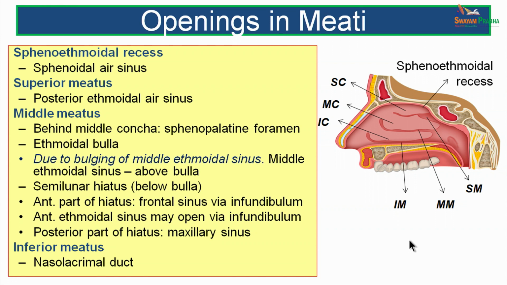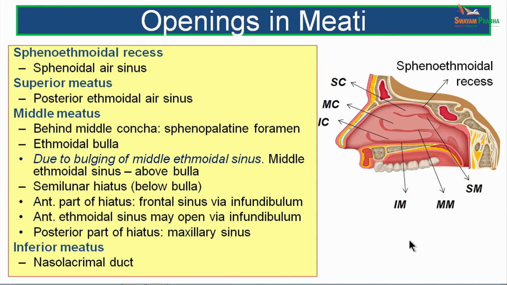The middle meatus is the largest. Behind the middle concha, it shows presence of the sphenopalatine foramen. It also shows presence of the ethmoidal bulla in the central area of the middle meatus.